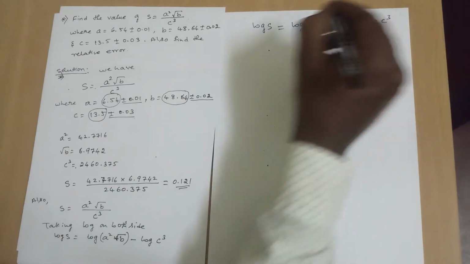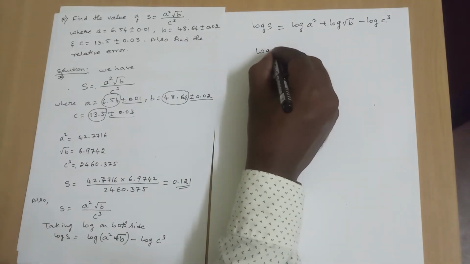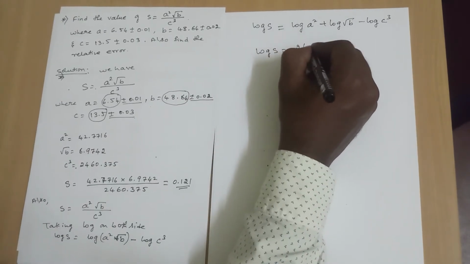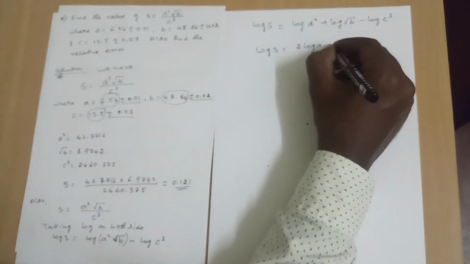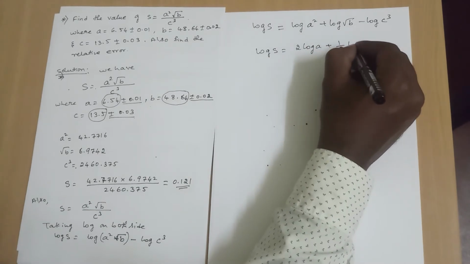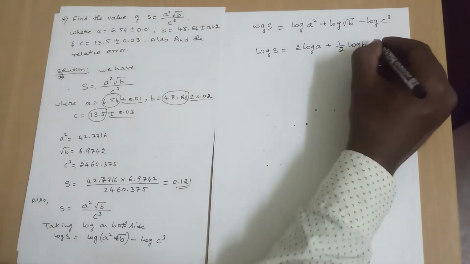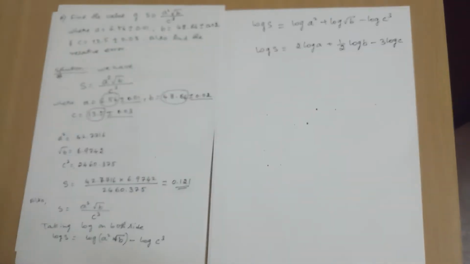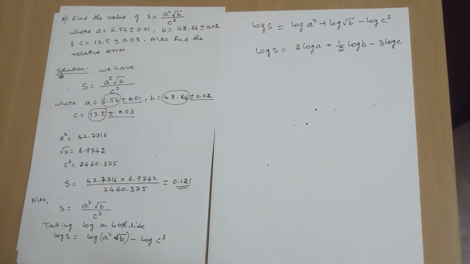So this can be written as 2 times of log A plus 1 by 2 times of log B minus 3 times of log C you will get.